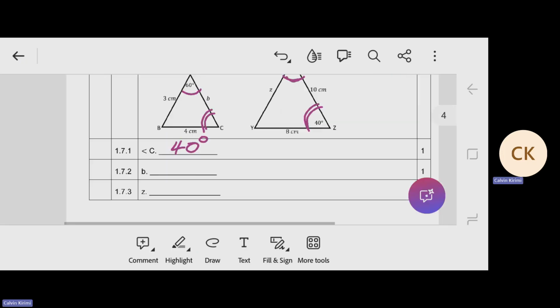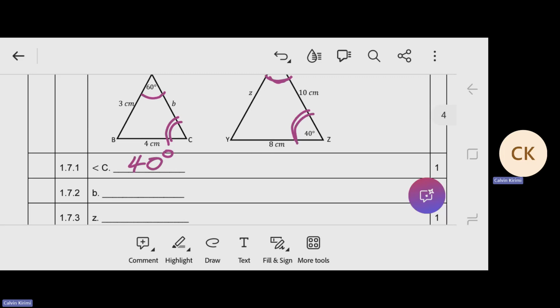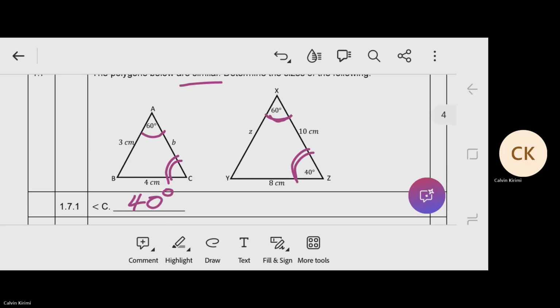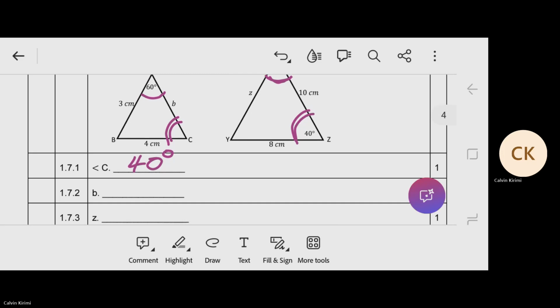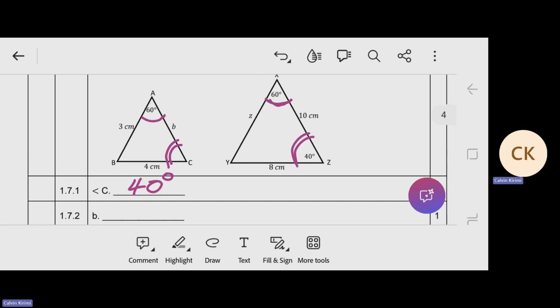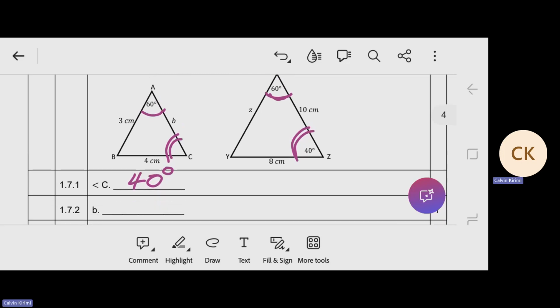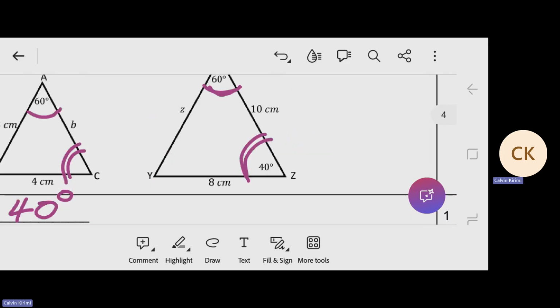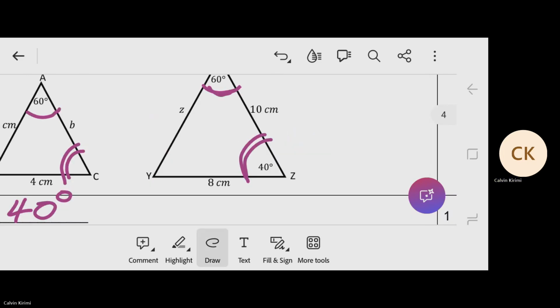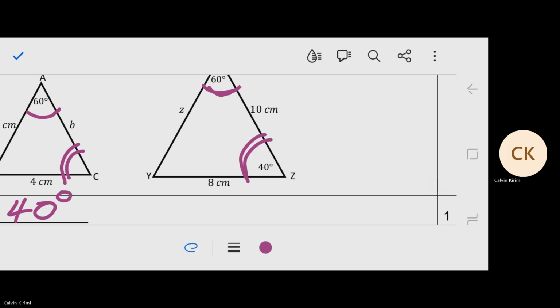Then for B, we want the length B. First we check the ratio. We are going to use the ratio to solve that.